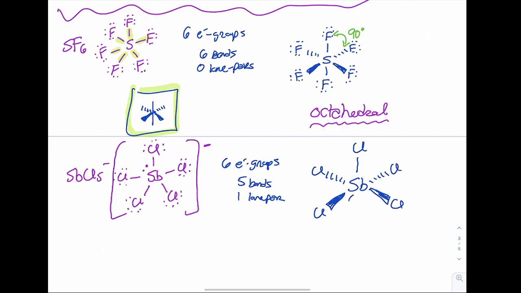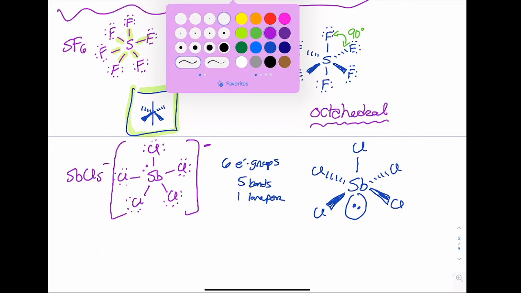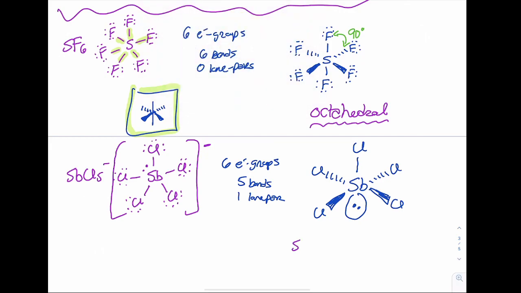And then down here, I have a lone pair. So the name of this one, I have 4 around the middle, so square. And then it goes up to make a pyramid, so square pyramidal. Not bipyramidal, because I'm not going down to a pyramid, right? I'm only going up to a pyramid. So square pyramidal.